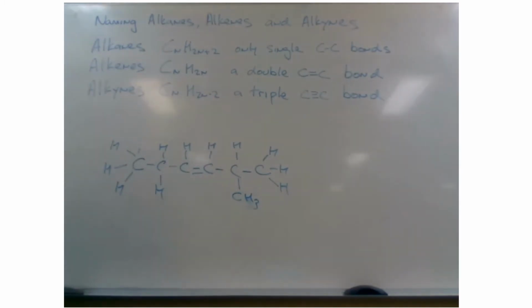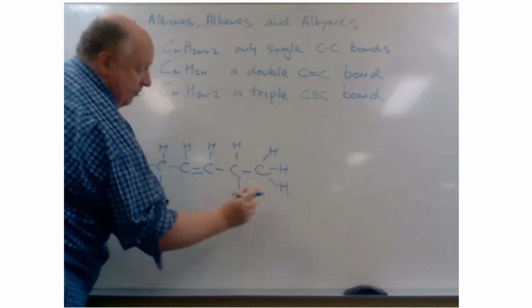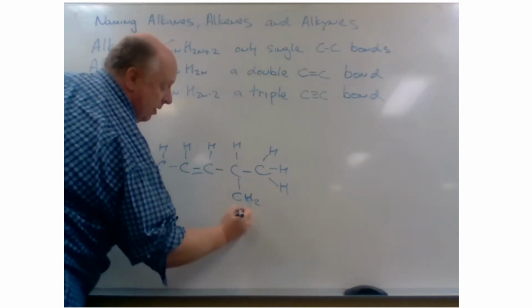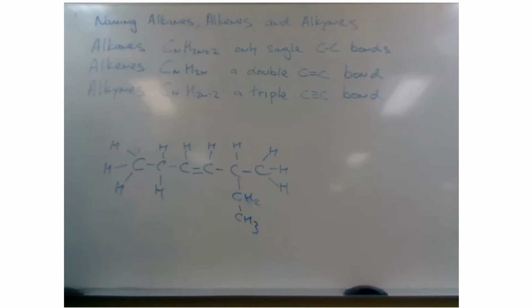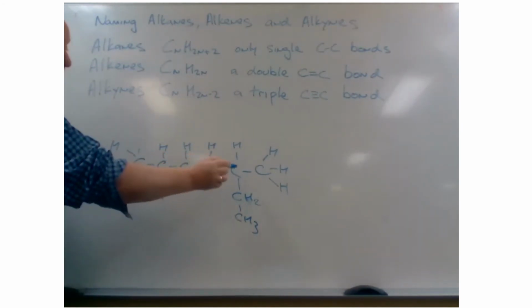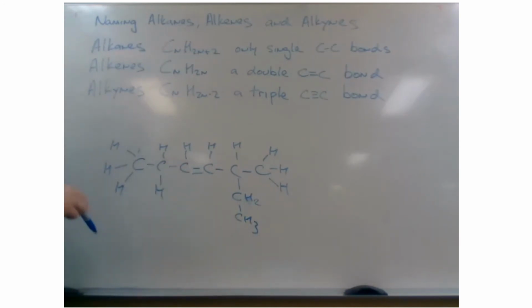If I had made this an ethyl group, this has actually changed where the longest chain is. So we now have 1, 2, 3, 4, 5, 6, 7. And so this has now changed from a hexene to a heptene, 7.